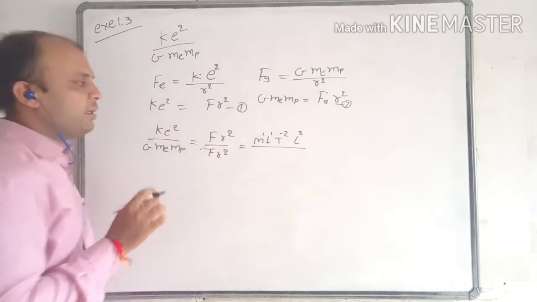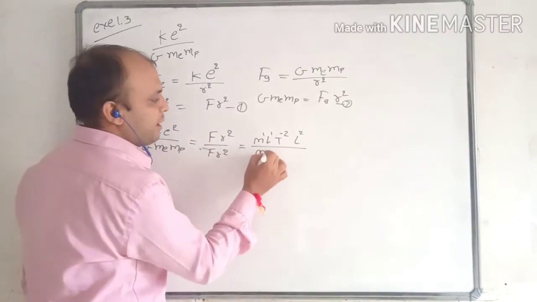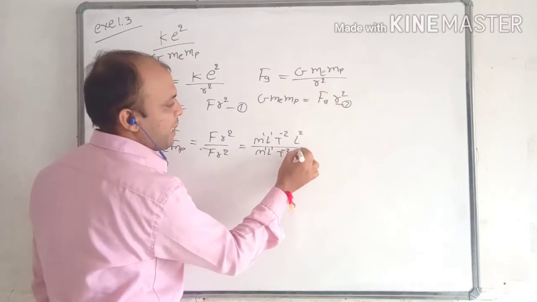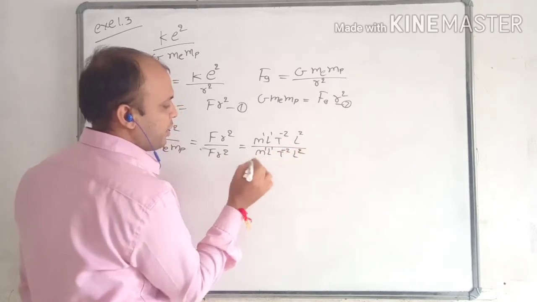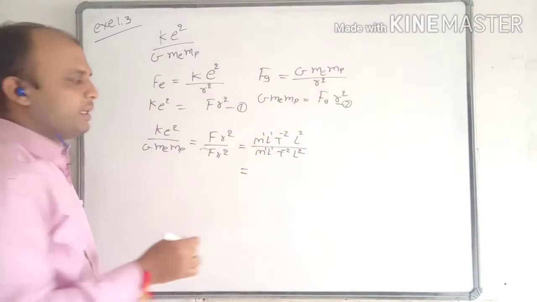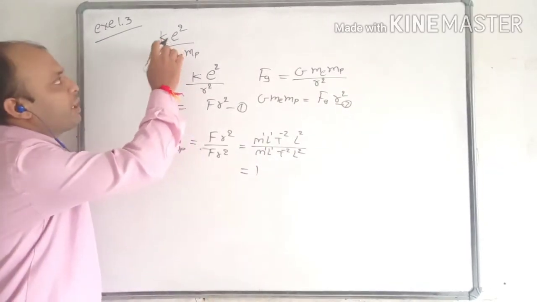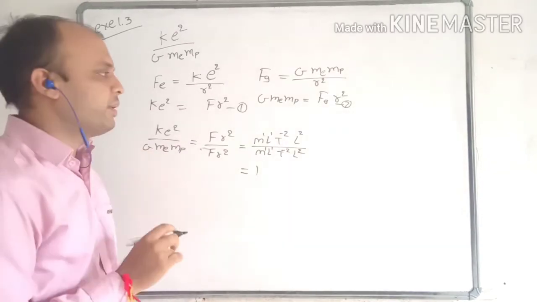In the denominator we have the same thing, M^1 L^1 T^-2 L^2. So what do we get? We get 1. So the dimension of the given ratio is 1.